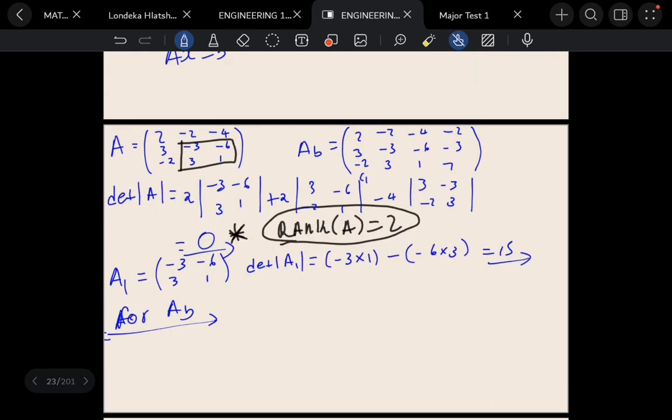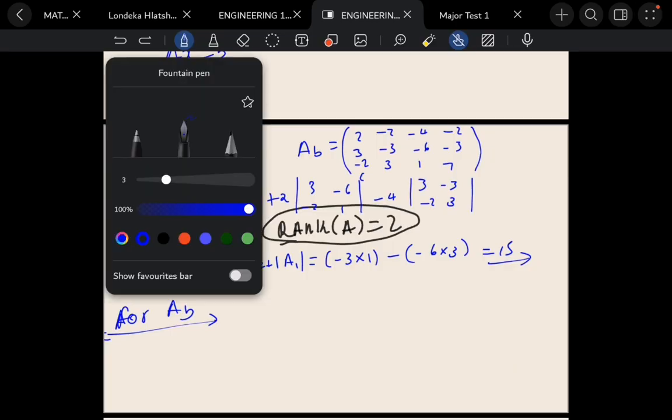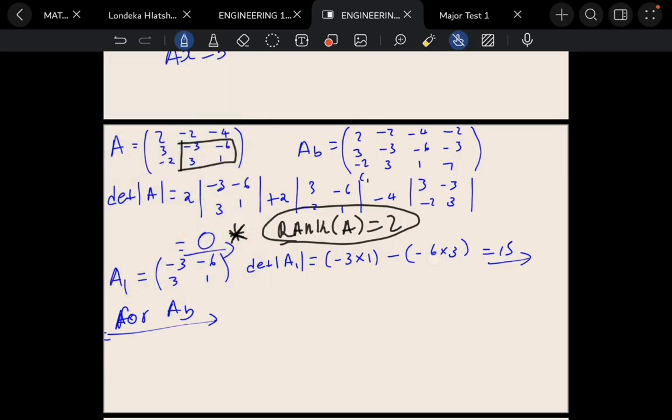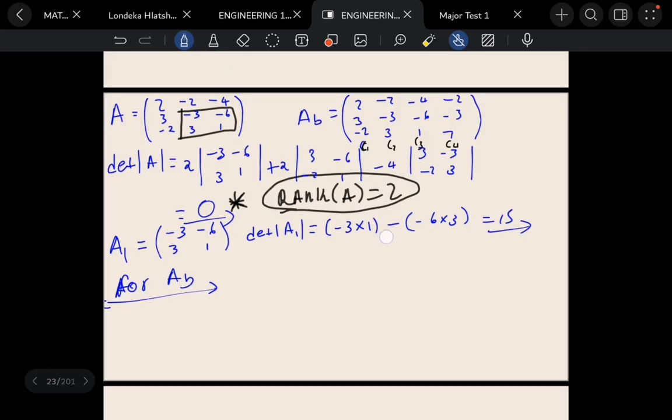This is C1, C2, C3, C4. If you try these combinations of determinants, they will give you 0.